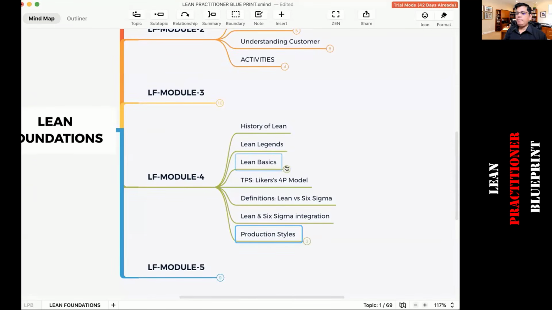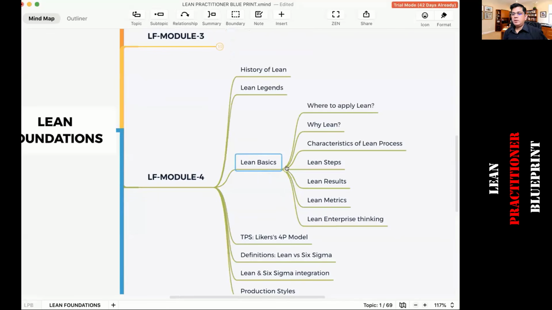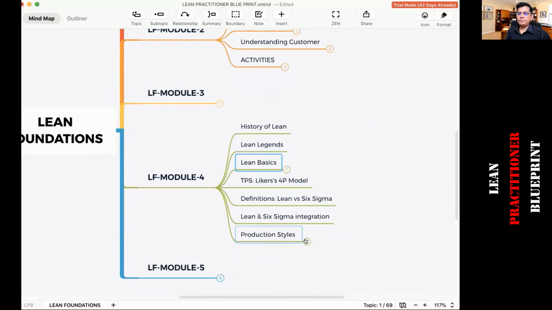What do we cover in Lean basics? Where to apply Lean, why Lean, characteristics of Lean process, the Lean steps, the Lean results, the Lean metrics, and Lean enterprise thinking. So many components. With this thinking, I'm even reorganizing my slides so that everything is in a logical flow.